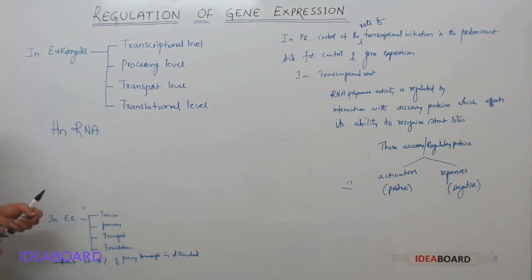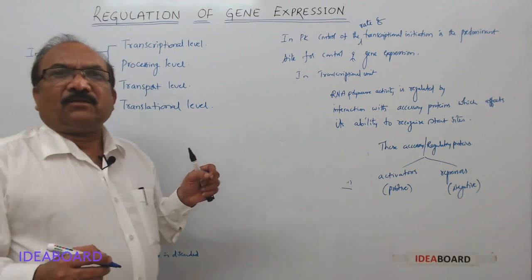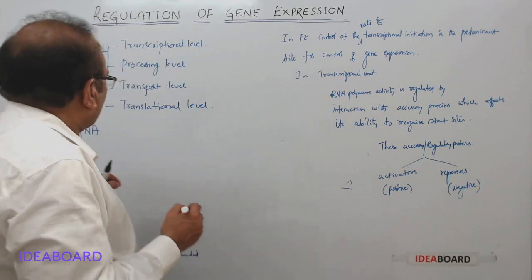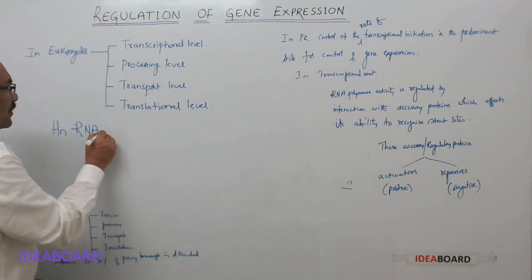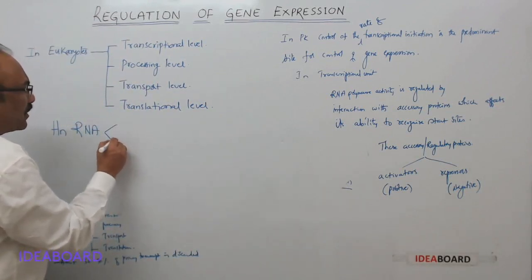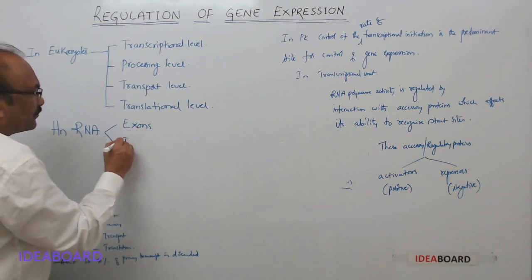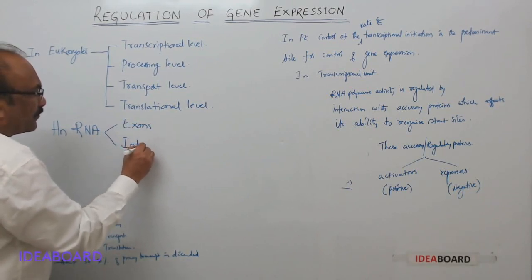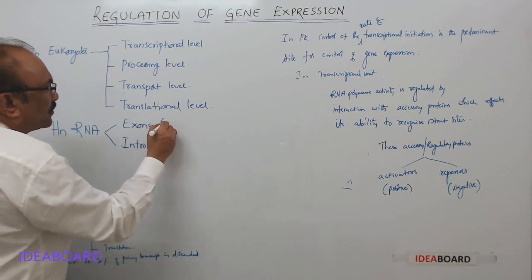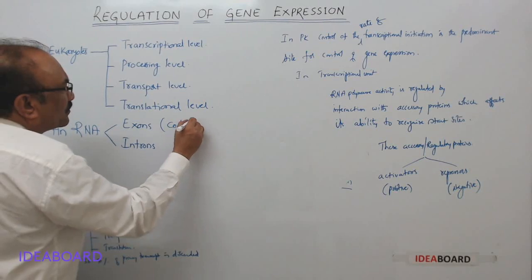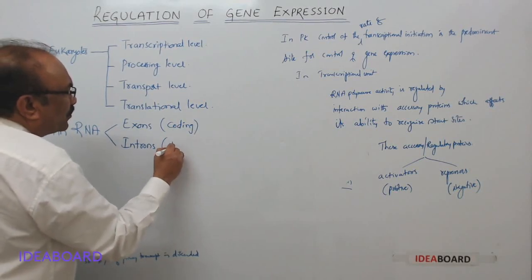What is this hnRNA? Heterogeneous nuclear RNA. It is composed of exons and introns. Exons are coded information, or coding information, and introns are non-coding information.